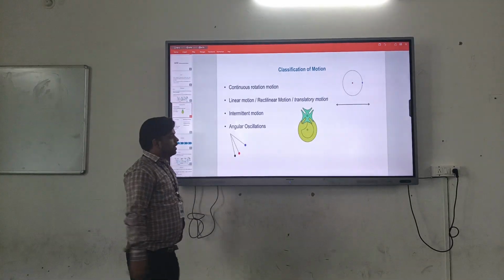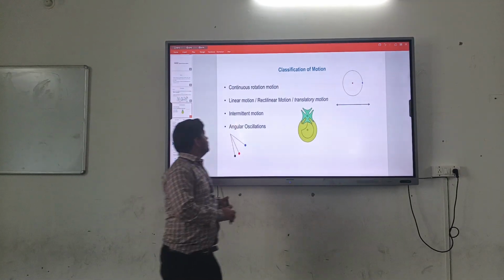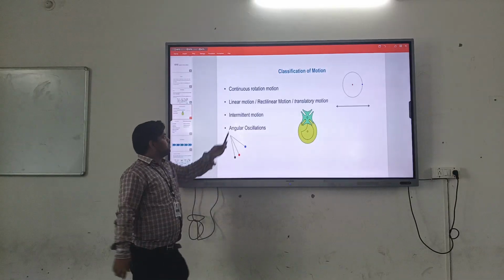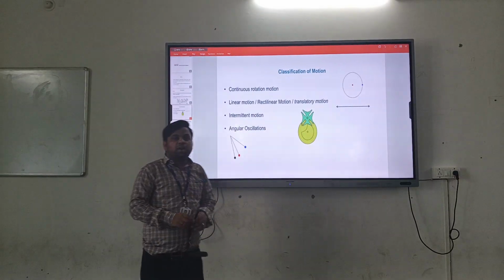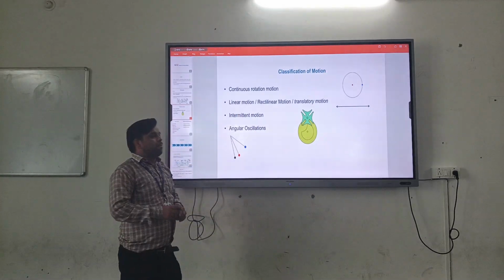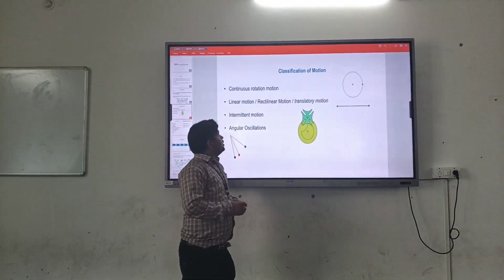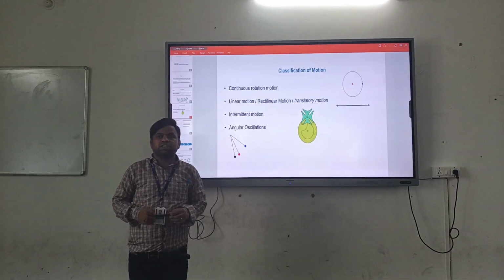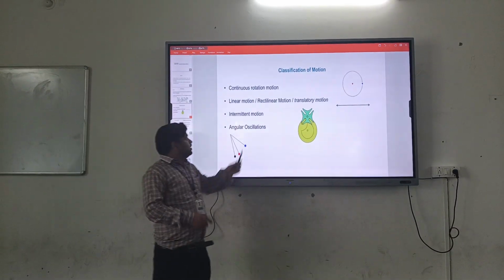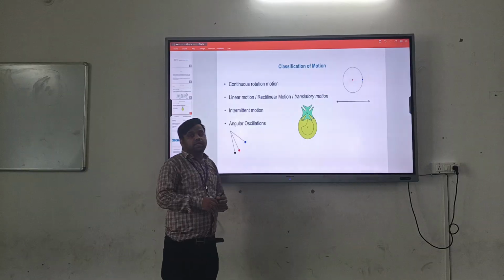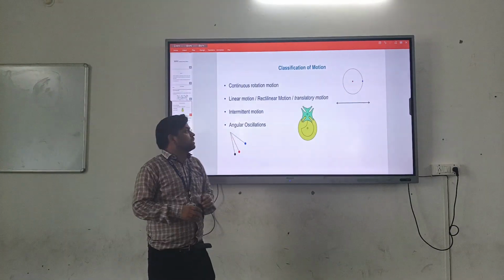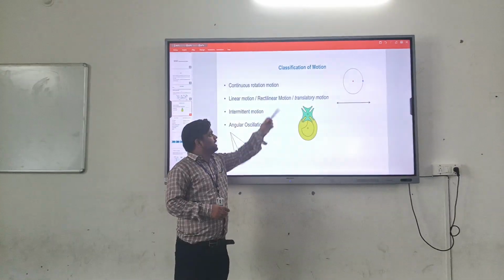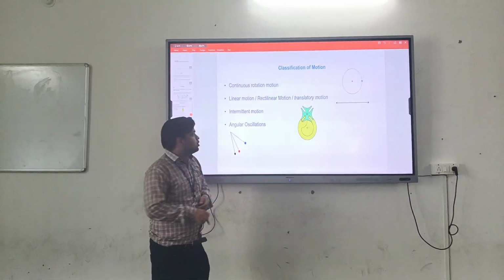Here is the classification of motion. First is continuous rotation motion, that is, a body moving in a circular path about a center. The second one is linear motion, in which a body continuously moves in a linear path; it is also called rectilinear motion or translatory motion.